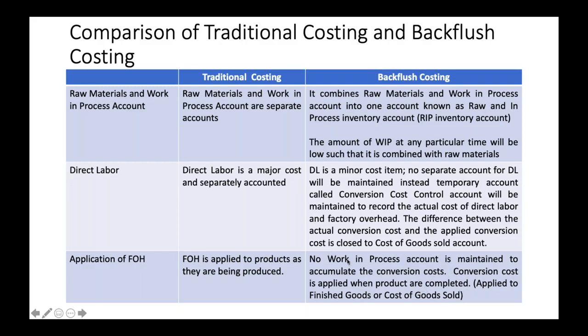Therefore, we will not have a work in process account, but only upon completion directly to the finished goods. Or if we will not be using finished goods, directly to the cost of goods sold. So this one is a faster way of accounting for overhead and labor, and of course the materials, faster as compared to traditional costing.